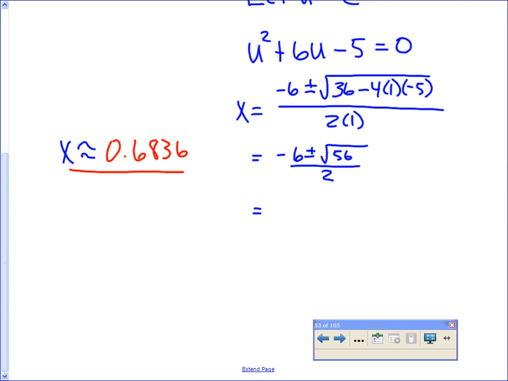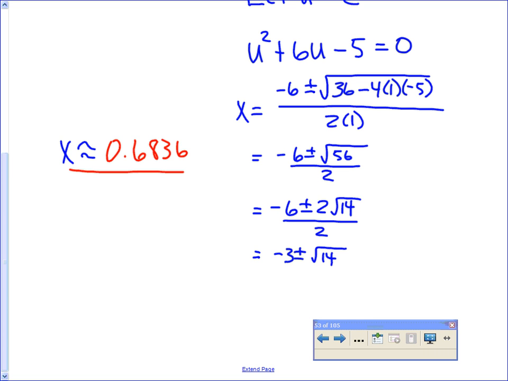And let's continue to simplify that square root of 56. And when we do, we get negative 6 plus or minus 2 root 14 over 2. And every term there has a factor of 2, so we can simplify that and get negative 3 plus or minus the square root of 14.